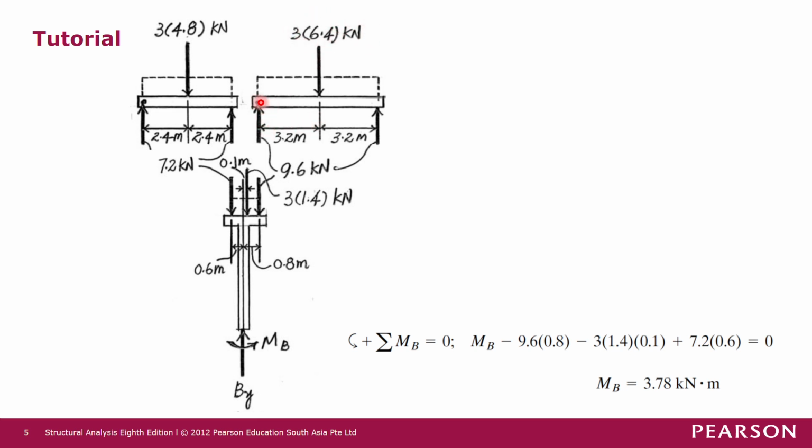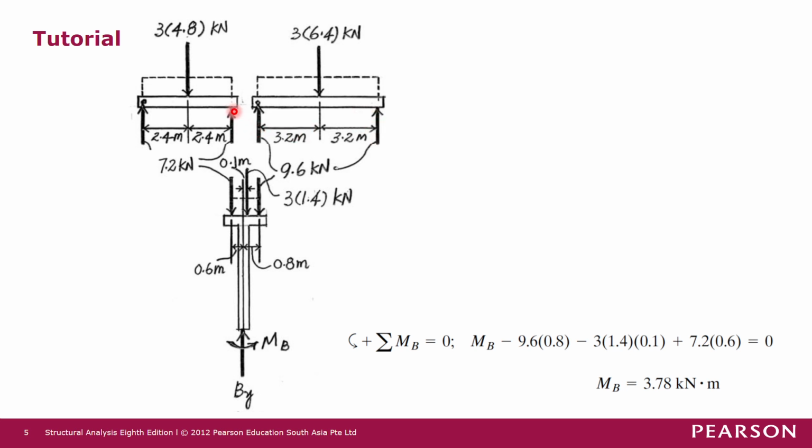This beam is symmetrical, so the reactions must be symmetrical as well. Each of these reactions is half of 3 times 6.4, so it is 9.6 kilonewton. This is 9.6 kilonewton, and this is also 9.6 kilonewton.